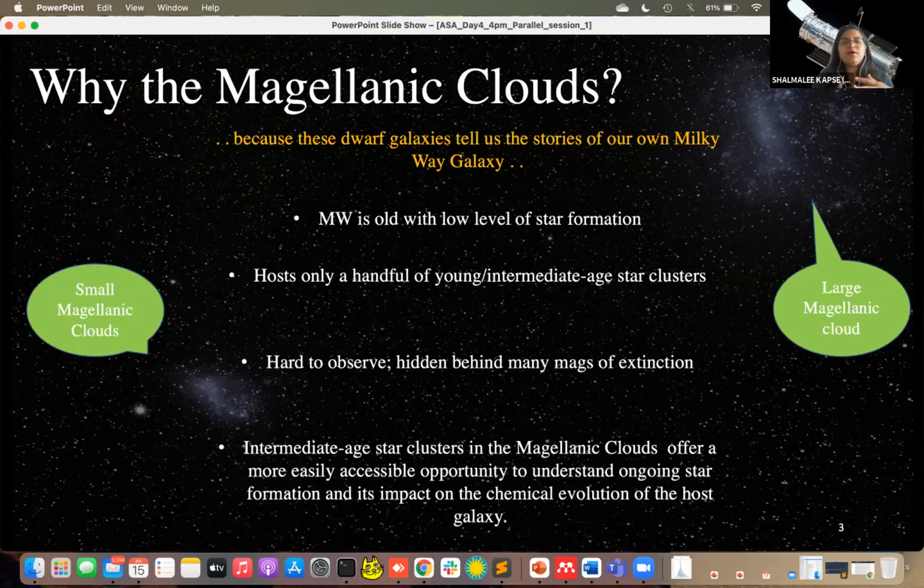So they offer easy access to study these clusters and the ongoing star formation in them, to understand the chemical abundances in these clusters, and to connect these abundances with our Milky Way galaxy, so that we can understand and explore more about our own galaxy.